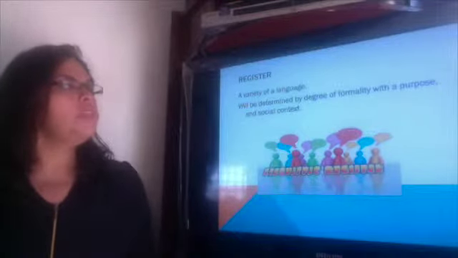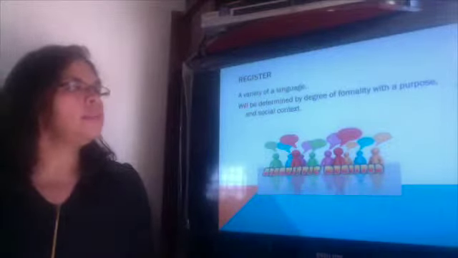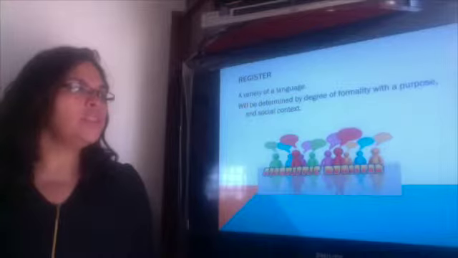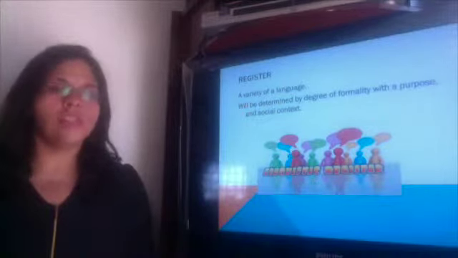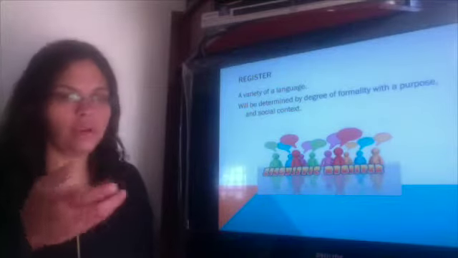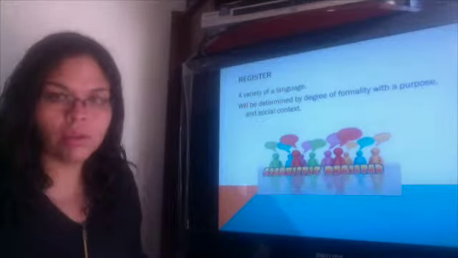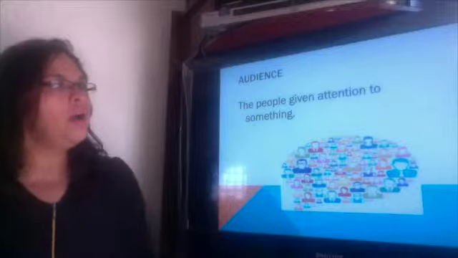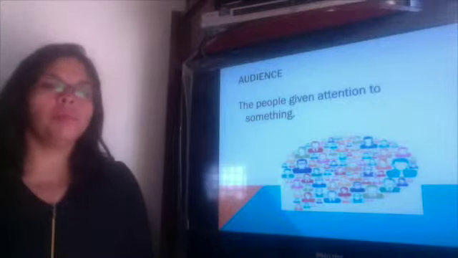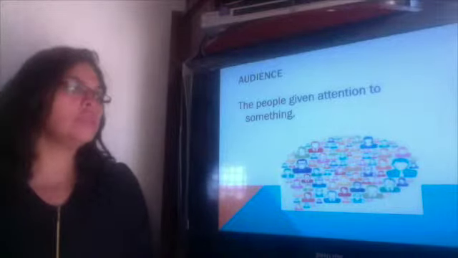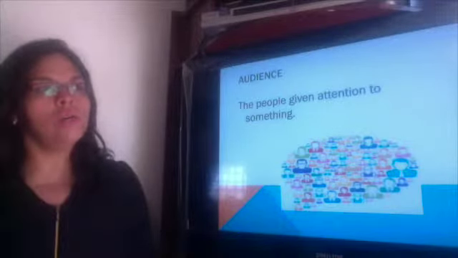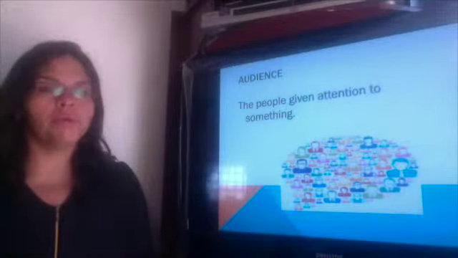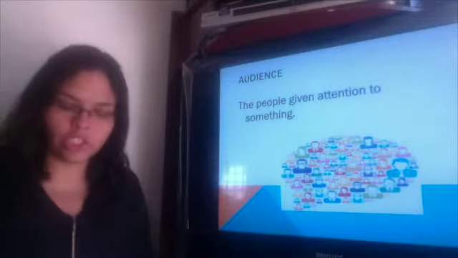Register means a variety of language and will be determined by degree of formality, with a purpose and social context. That depends on the context we are in. The audience is the people giving attention to something. In this case, it could be a book or an essay or papers, but based in research.